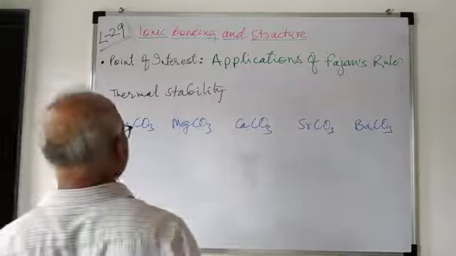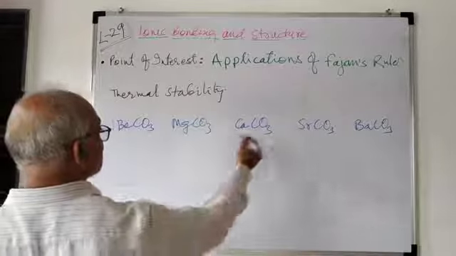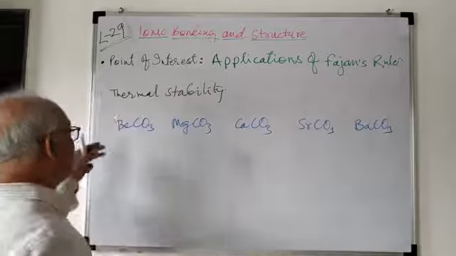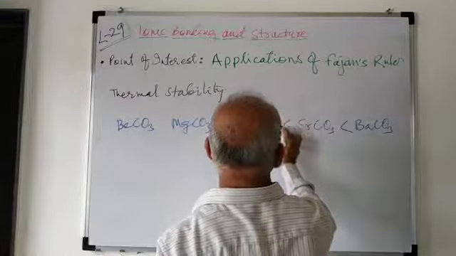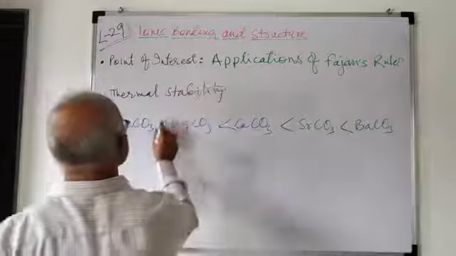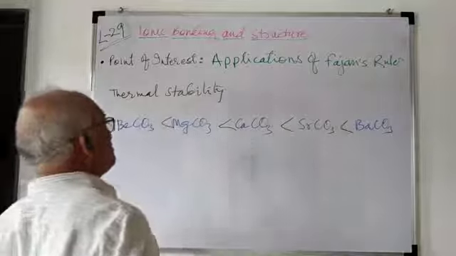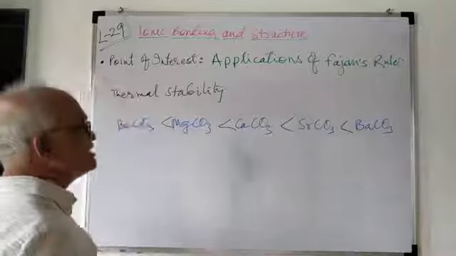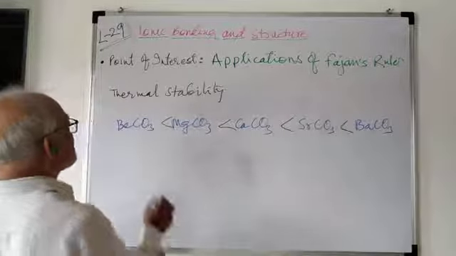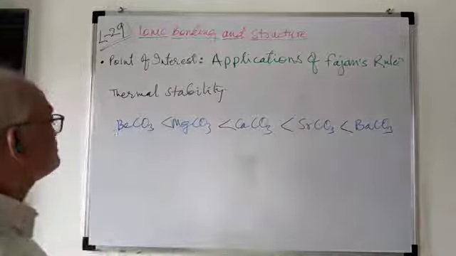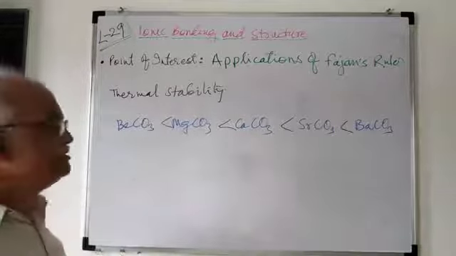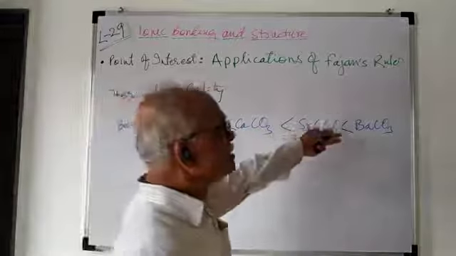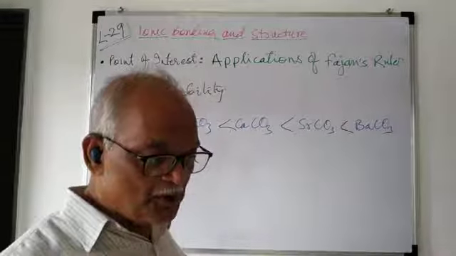You will find that the carbonate is the same, but the cation size is different. Covalent character is increasing in this direction, and because of this the thermal stability also decreases. So thermal stability depends upon the covalent character.